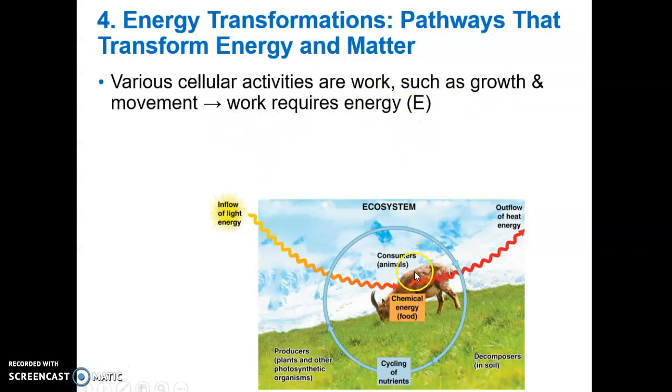Okay? How does the energy get into an organism? The organism has to consume the food that it converts into cellular energy from the chemical energy in food, if it's a consumer, like you and me or this goat. If it's a plant or a photosynthetic organism, it harnesses its energy from sunlight.